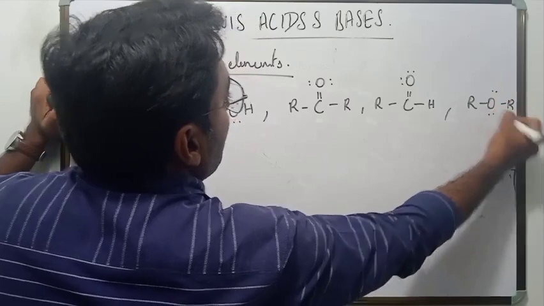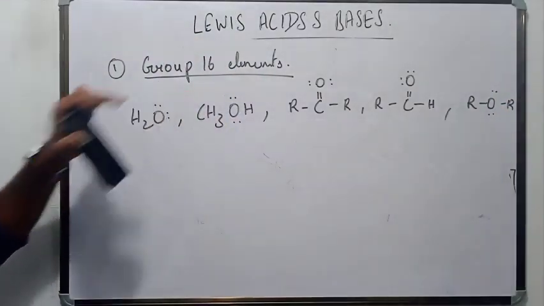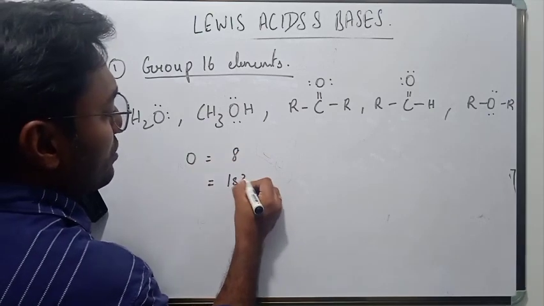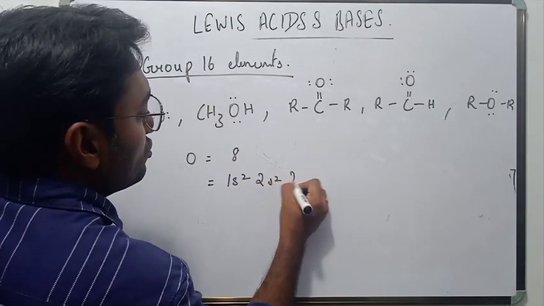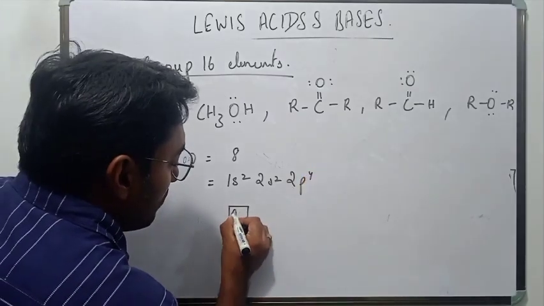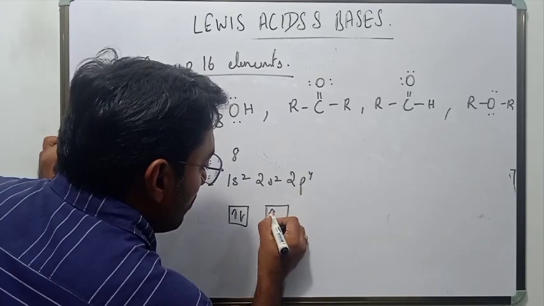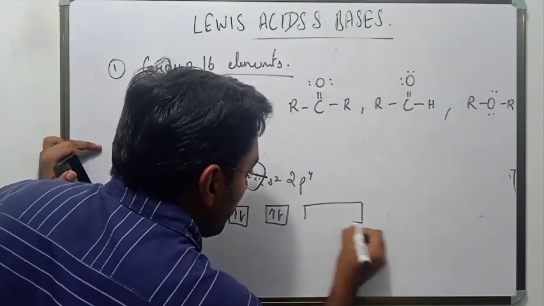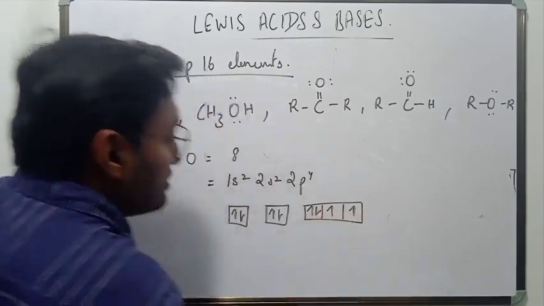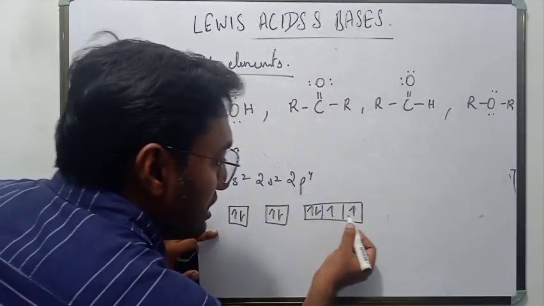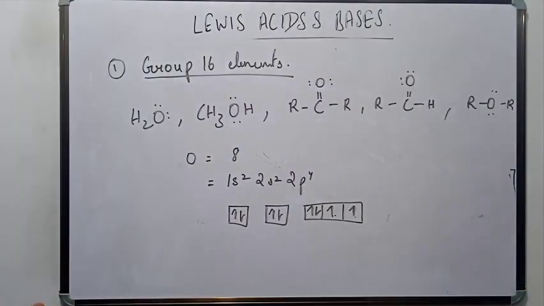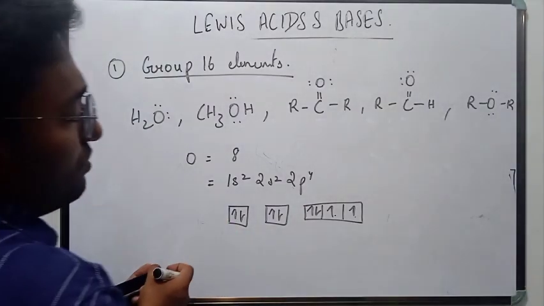See, look at this. There are 2 lone pairs of electrons in oxygen. What is the atomic number of oxygen? 8. What is its electronic configuration? 1s2, 2s2, 2p4. Let us draw this. So we can see that oxygen has an oxidation state of -2. It needs to give or take 2 electrons to get the octet configuration.